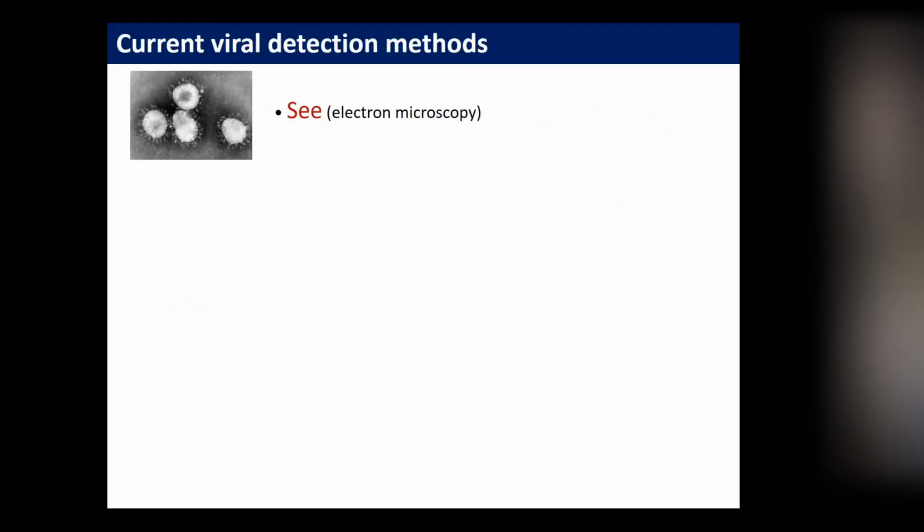I think the current pandemic really highlights how important it is to have easy, sensitive, rapid ways of detecting viruses. So I'm just going to talk a little bit about the methods that are currently available. One way is to directly look for the virus using electron microscopy.